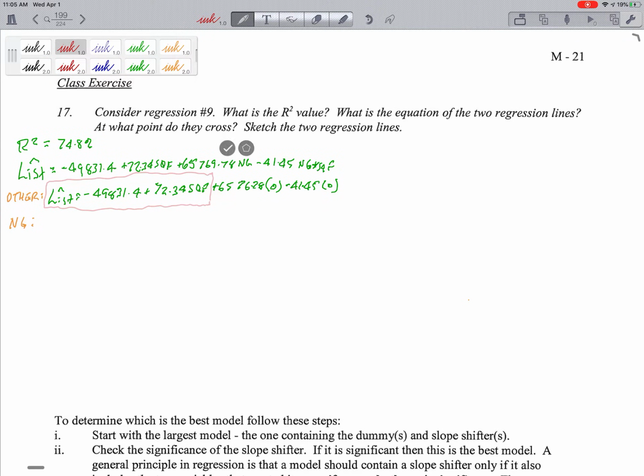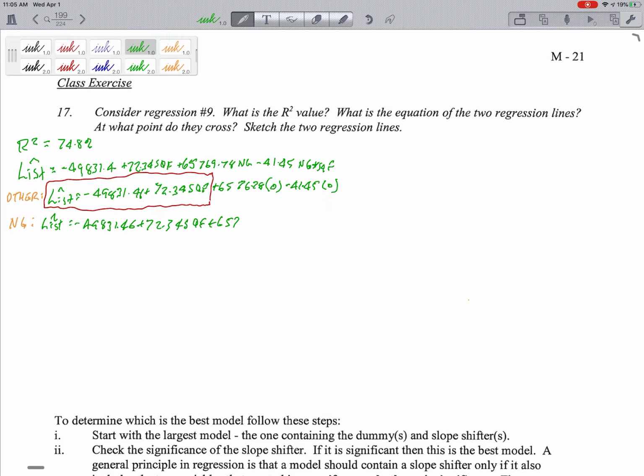Then for NG, we'll have listing price of the house is equal to minus 49,831.46 plus 72.34 SQF plus 65,769.